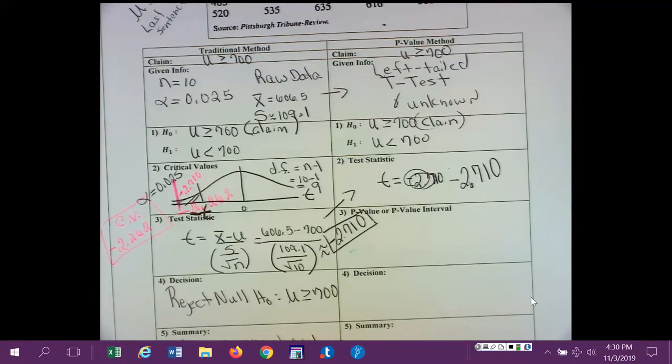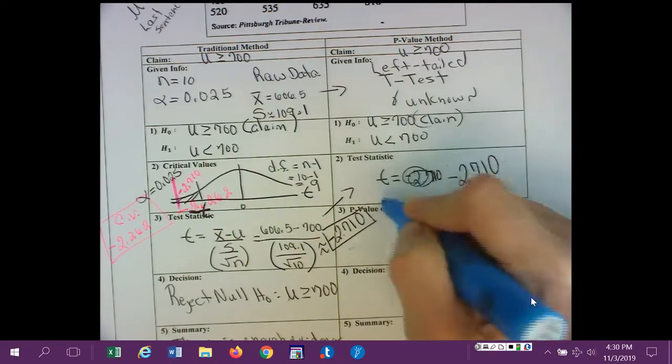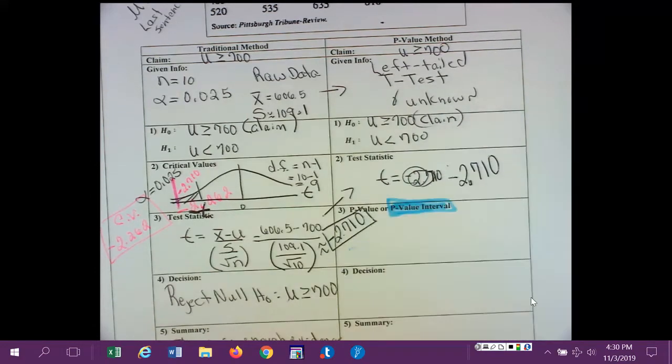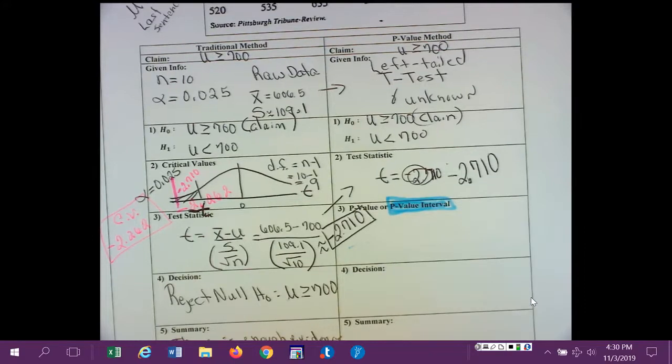Okay. When it is a t-test for the true mean and you're using the test statistic to find the p-value by hand using the t-table, you cannot find a specific p-value like we did before when it was a z-test. We have to find something called a p-value interval when it's a t-test. We still use our test statistic to find the interval from the t-table, but we cannot find a specific p-value.